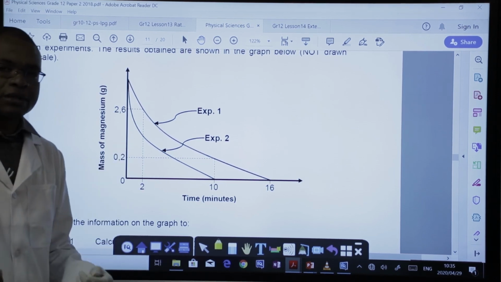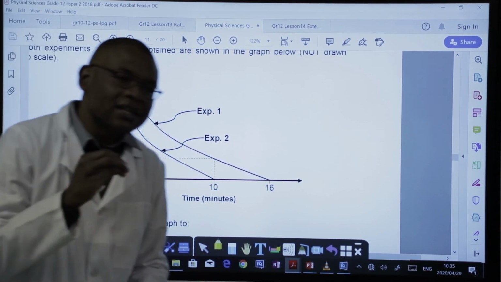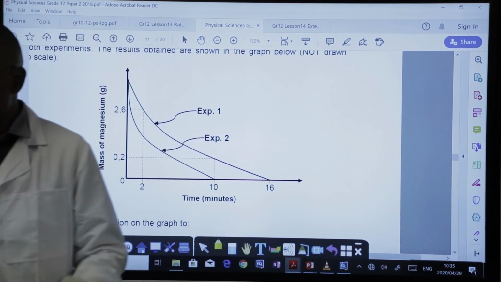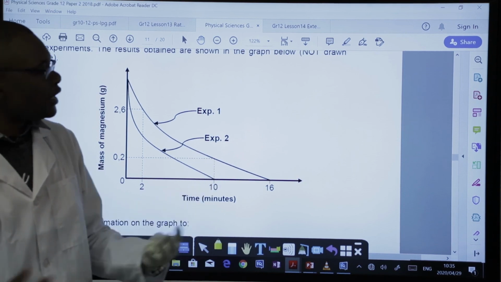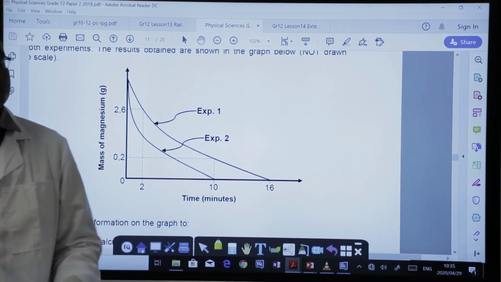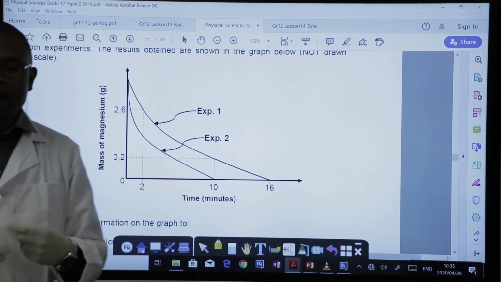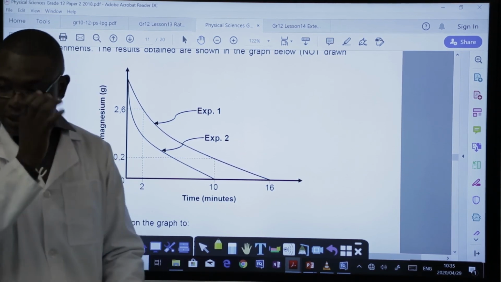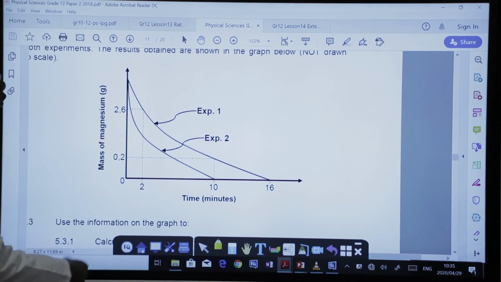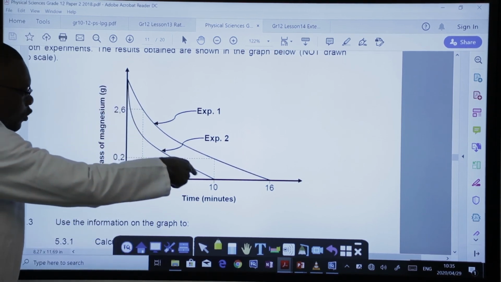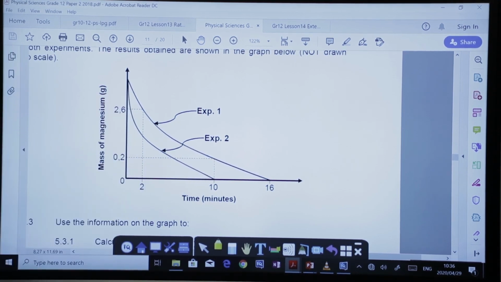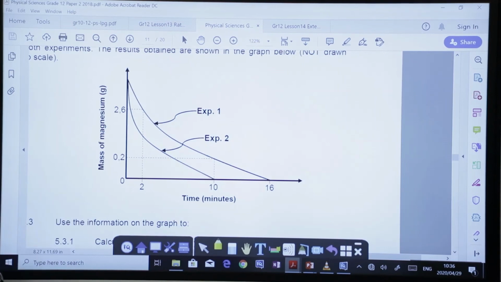But for the powdered magnesium, the tiny little particles have got a very large surface area, such that they were randomly and rapidly colliding with the molecules of the hydrochloric acid. So for that reason, they reacted rapidly, and hence they got used up very quickly, and the mass disappeared so rapidly.